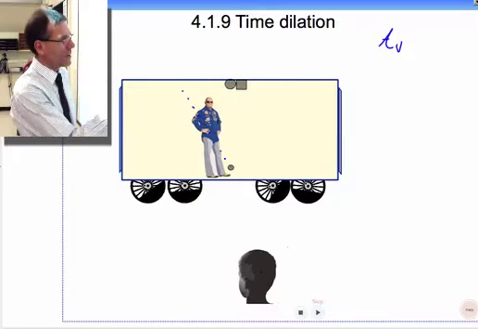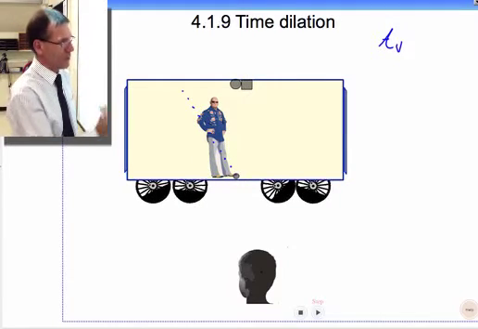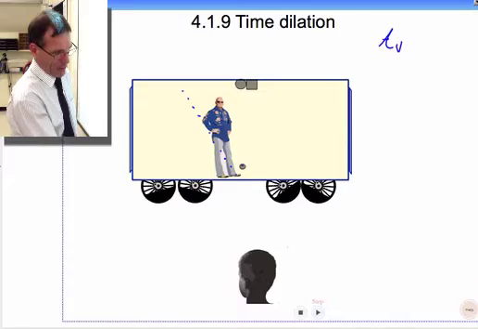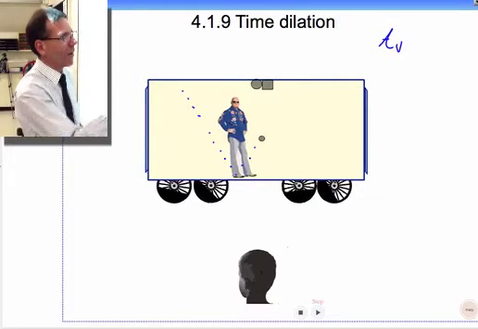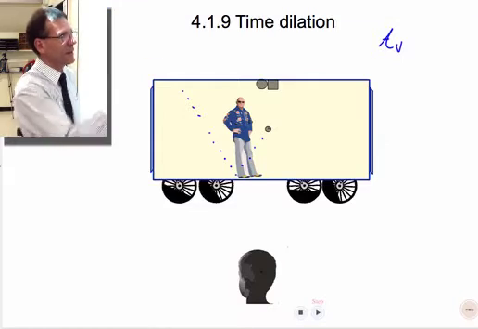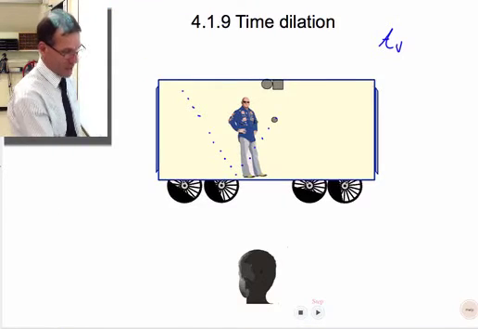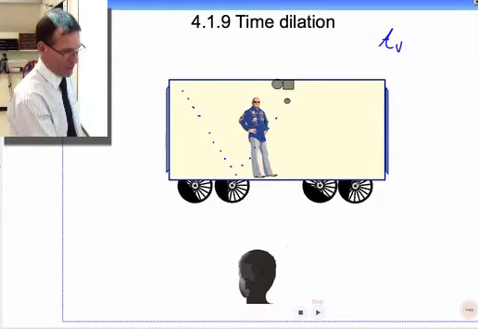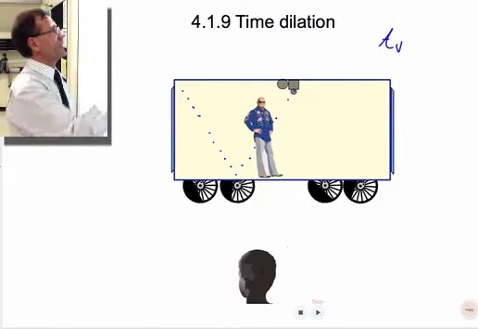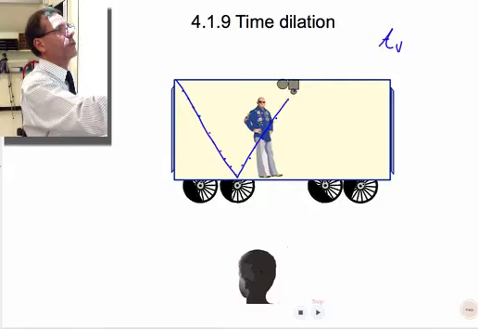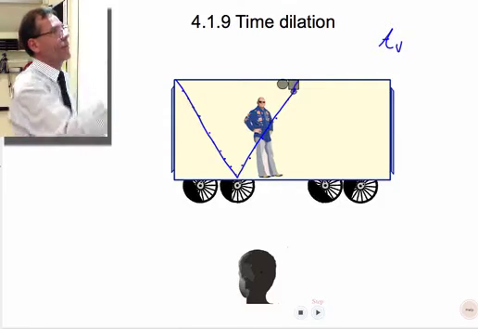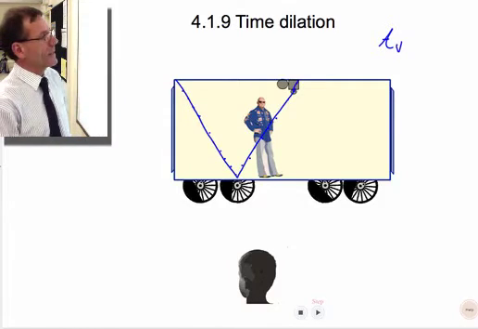Now already you can see, remember we're looking at this from the point of view of the guy on the platform, that this is going to be taking a longer distance to get there. Because it's travelling at the same speed, c, because everyone agrees upon the speed of light as being c, we can see that what's had to happen is the light pulse has taken that pathway there, which you can immediately see is a longer pathway.